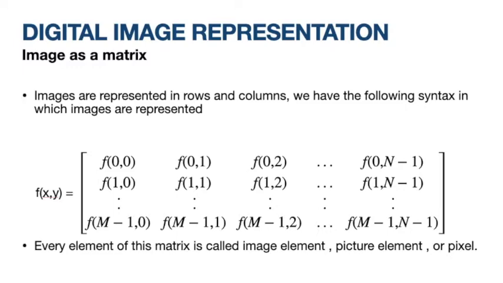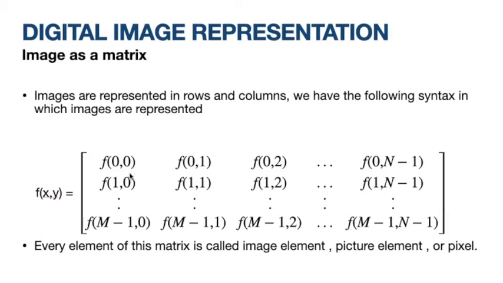The images can be represented as a matrix like this. Okay, so the images are represented in rows and columns. That is, the image f of x y is represented as a matrix.